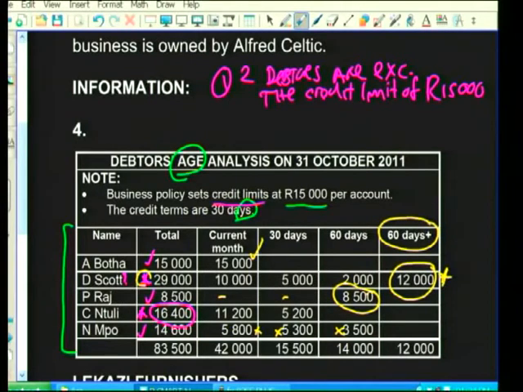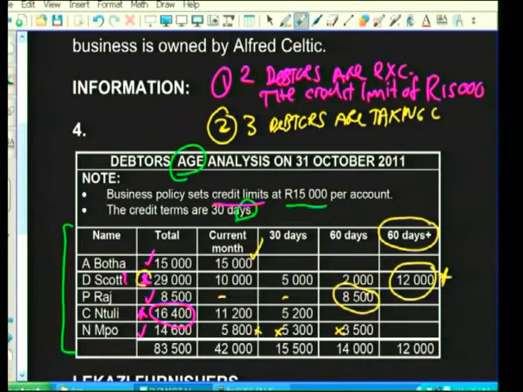So immediately, guys, your second reason, if you look, we've got 3 debtors taking longer than 30 days to settle their account. And remember, mention the debtors, mention who's taking longer than 30 days to settle the account.